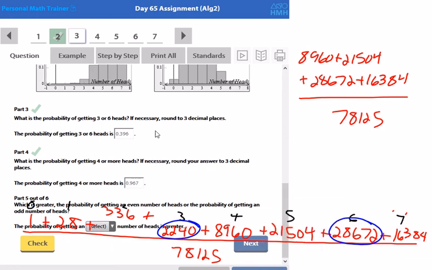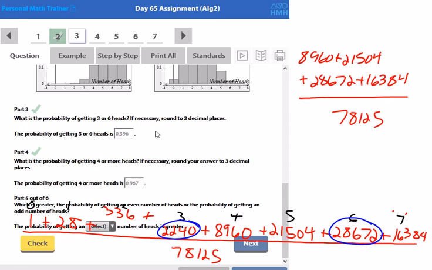Which is greater, the probability of getting an even number of heads or the probability of getting an odd number of heads? Okay, so the evens shouldn't count 0 heads, so the evens should be 2, 4, and 6. So let's just do that and see if we get more than 50%.